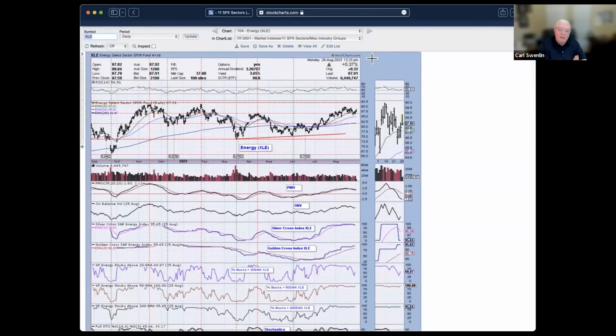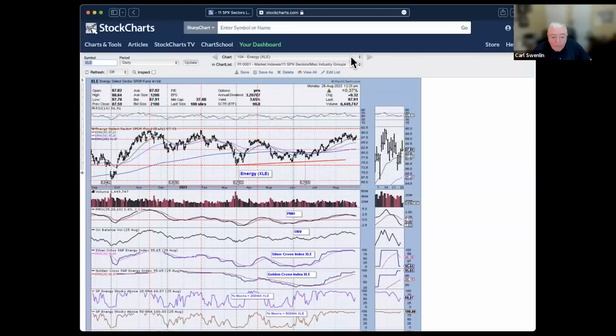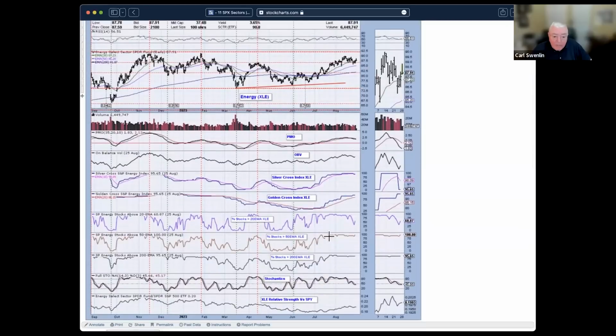Erin, energy. I want to make a point. The stocks greater than 20 EMA and 50 and 200, when they get to the very top or the very bottom, it doesn't mean that deterioration doesn't continue. It's just that we can't detect it anymore.